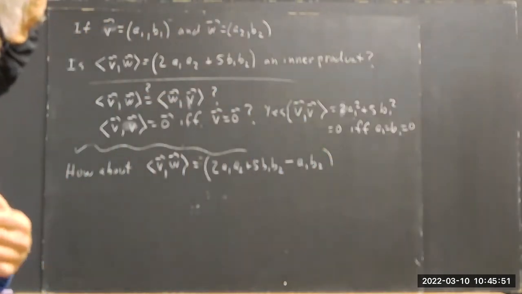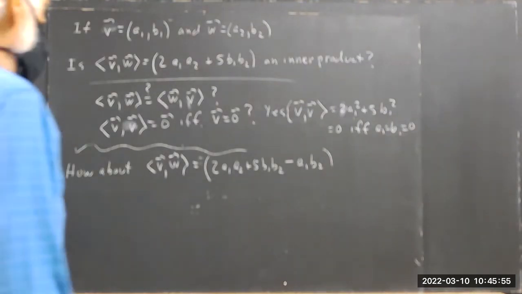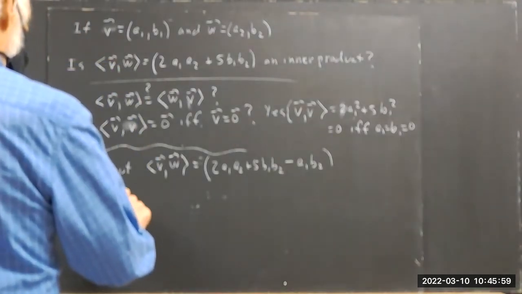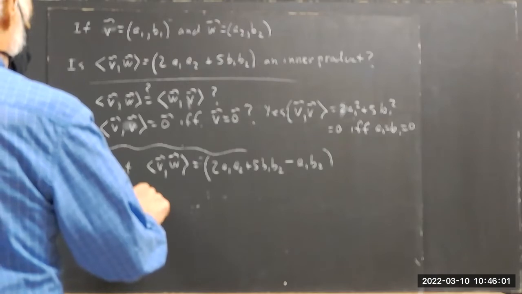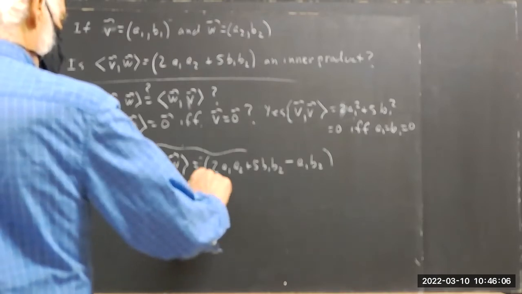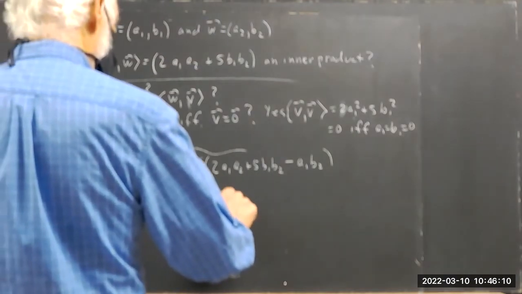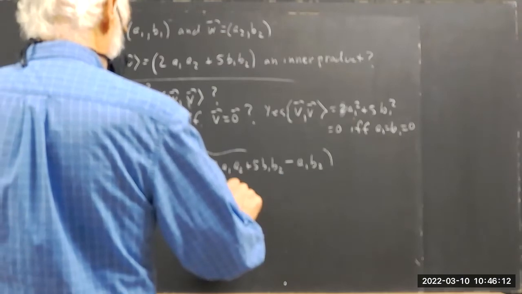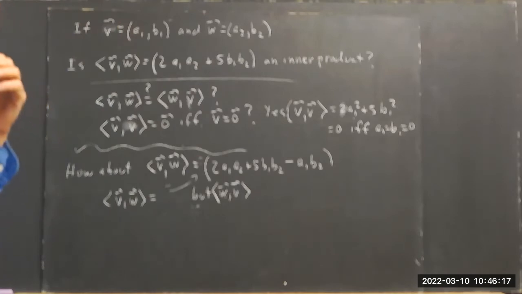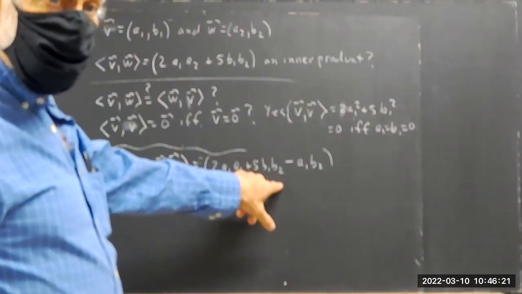Okay, this one's very clearly not going to be an inner product. Well, W would equal this. At the inner product of W and B, you would change each 1 to a 2 and each 2 to a 1, right?